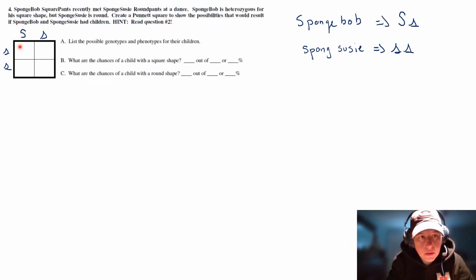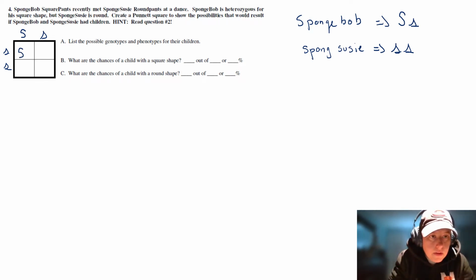This S goes in this box and this box, and this s goes in this box and this box, for SpongeBob's contribution. So capital S, capital S, little s, little s. Now for Susie's contribution, this s goes in these 2 boxes and this s goes in these 2 boxes. So we have little s, little s, little s, little s.